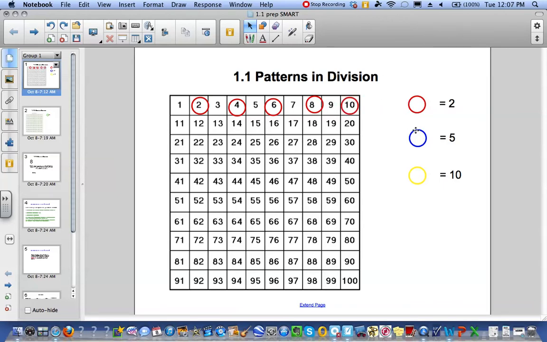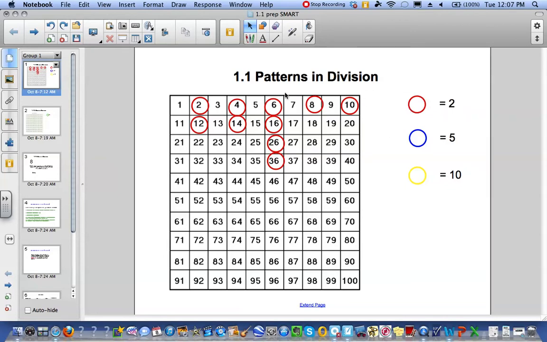Basically any number that is an even number is divisible by 2. 11 is not divisible by 2, it's an odd number, but 12 is an even number, so it's divisible by 2, as is 14 and 16, and you'll continue to see a pattern. 26 is, 36 is, any even number, any number that ends in a 2, 4, 6, 8, or 0.